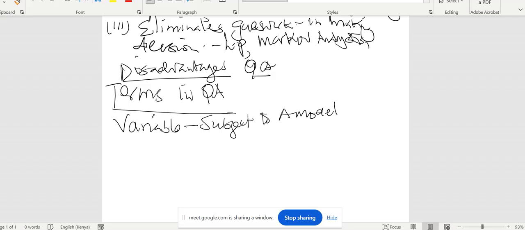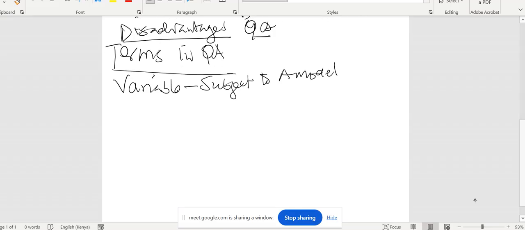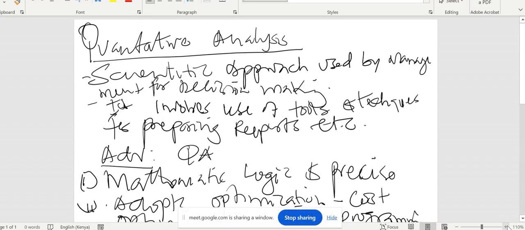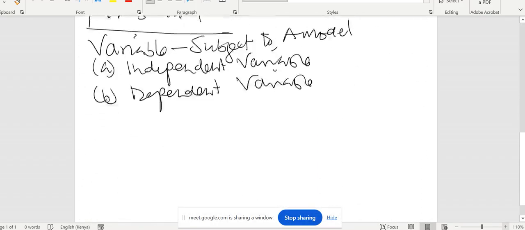According to your level, we will look at the variables here, A and B, where we have the independent variable and also the dependent variable. Those are the common variables we will deal with in this perspective.